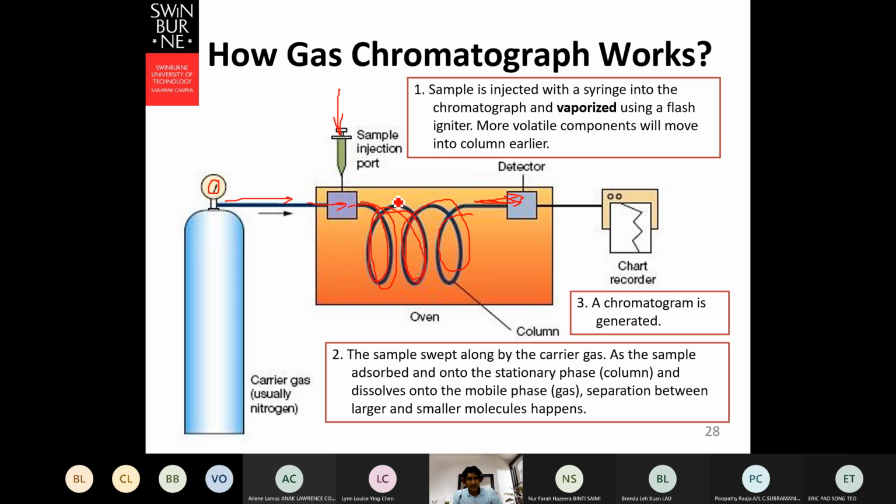Separately, they come one by one, and then it is easier for the detector to detect what type of sample it is. The detector doesn't have a nose or an eye. What it detects is the voltage difference, and based on that it detects what the sample can be.